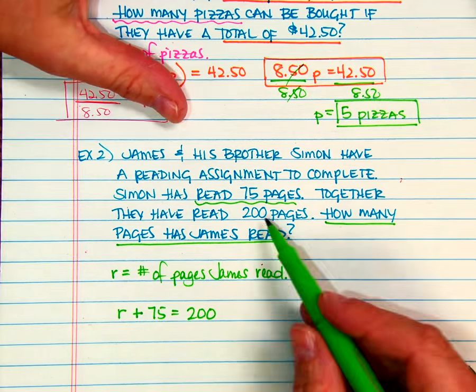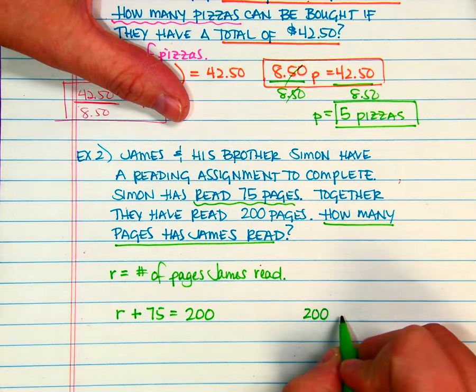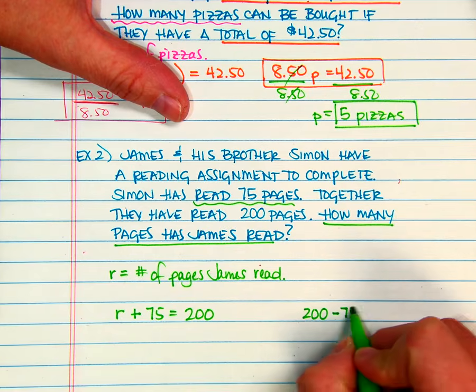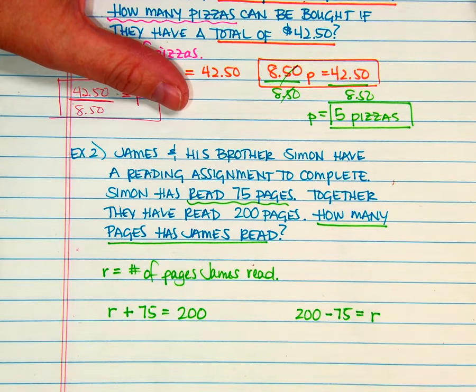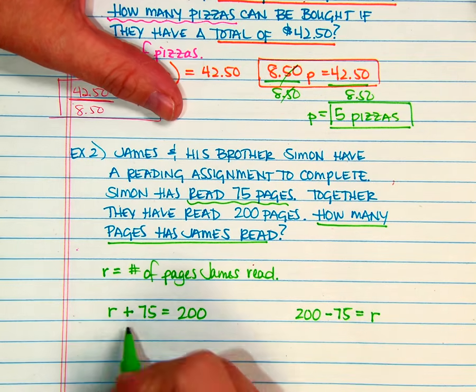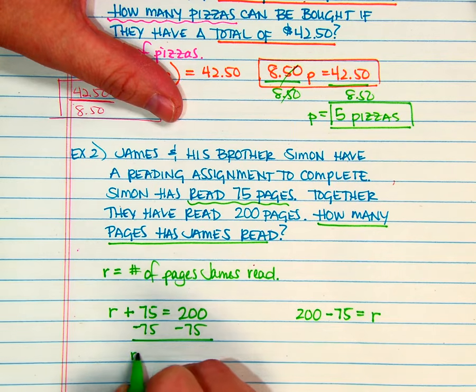Another way you could think of it is as well, if you have a total of 200 and Simon read 75 of them, then wouldn't that also give me how many James read? So I'm going to solve it. Solve for R, so I'm going to subtract 75 on both sides of the equation. So R equals 125.